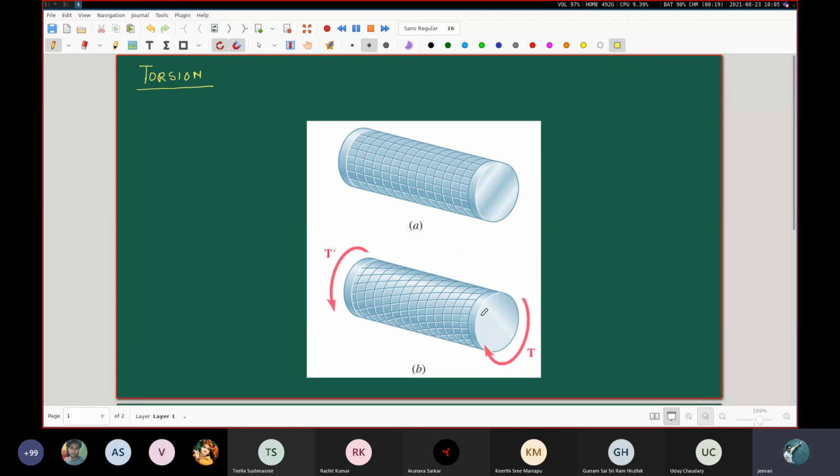Now, can you give me some real life applications? I had already shared one video with you guys. So a couple of applications is mentioned there. One has to do with the transmission of the power from the engine of a car to the wheels through the transmission shaft.